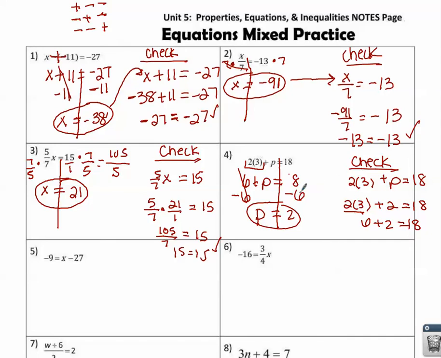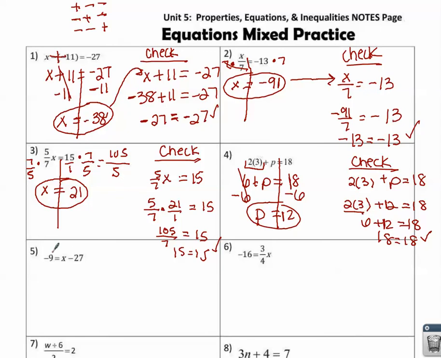Oh, whoops. It's an 18. Sorry, guys. So this should be a 12. And this should be a 12 here. Okay, so 6 plus 12 is 18. See? You notice how that makes it so you check your work. It's very important.